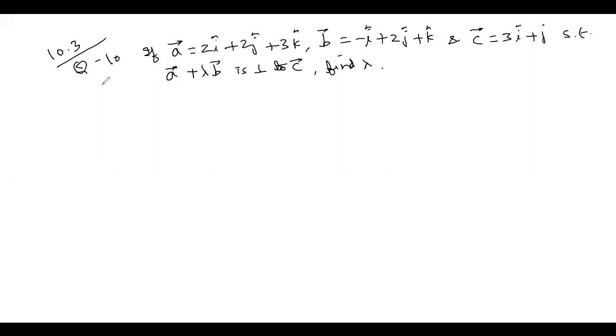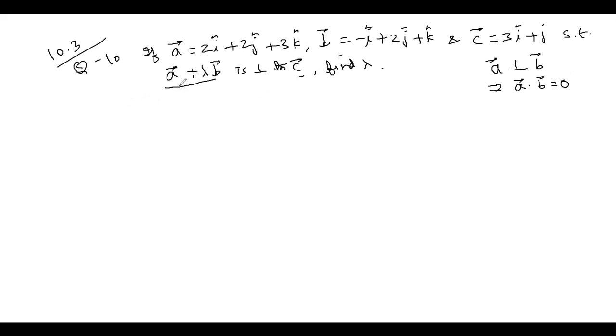So question number 10, 10.3. If vector A, vector B, vector C are given and A plus lambda B vector is perpendicular to vector C. And we know that if vector A is perpendicular to vector B, this means we can write A dot B is equal to 0.